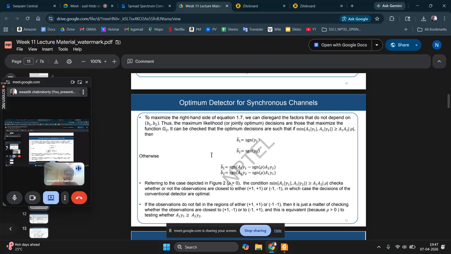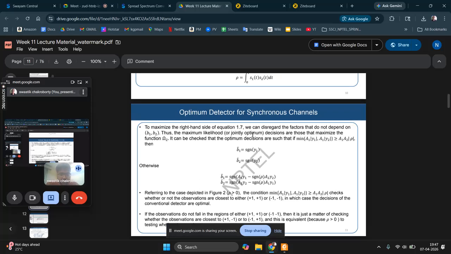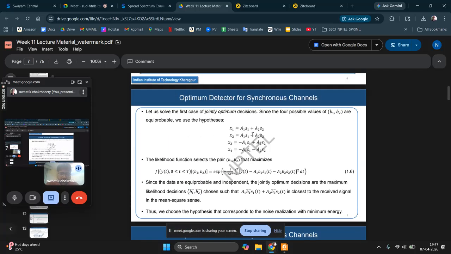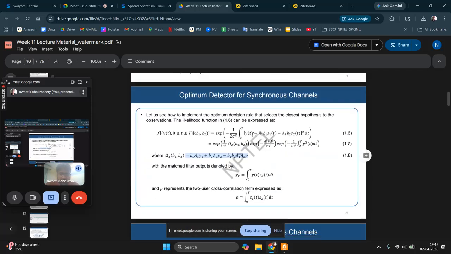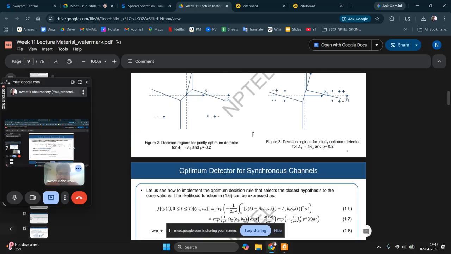and the solution for that is b1 hat equal to signum y1 and b2 hat equal to signum y2. So what is the y1 symbol? That will be your b1, and what will be the y2 symbol will be your b2.